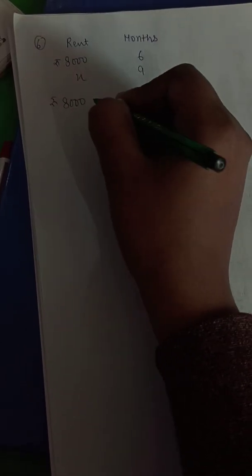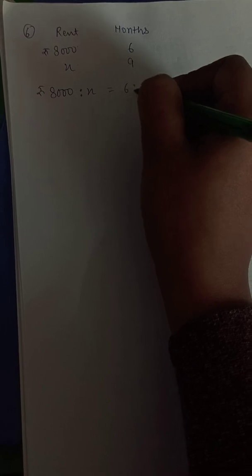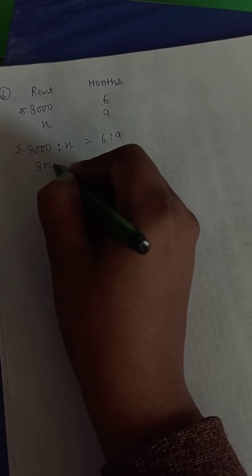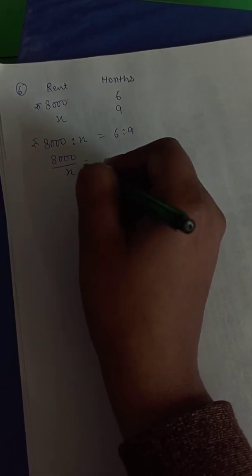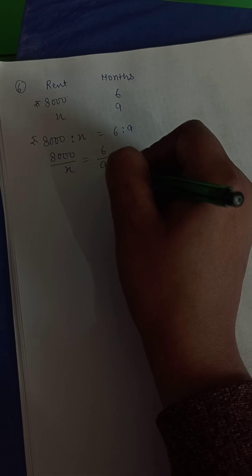Write down these in proportion. 8,000 ratio x, same quantities. Ratio will be rent ratio rent equals to month ratio month, 6 ratio 9. So we can write like this: 8,000 by x equals to 6 by 9.